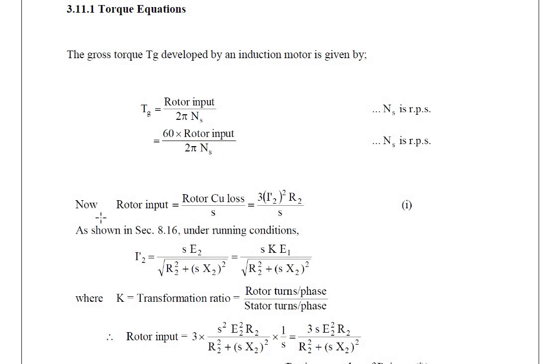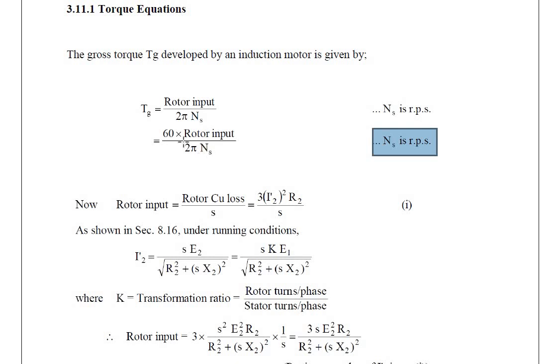Now the next one is the torque equation. The gross torque Tg developed by an induction motor is given by rotor input divided by 2 pi Ns, where Ns is the speed in RPM. The next equation is 60 multiplied by rotor input divided by 2 pi Ns, where the speed is in rps.